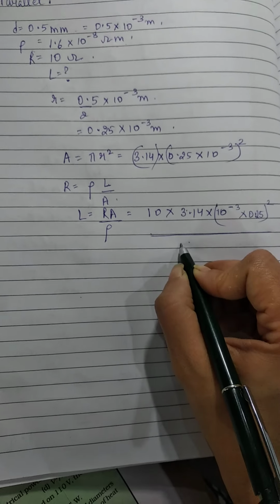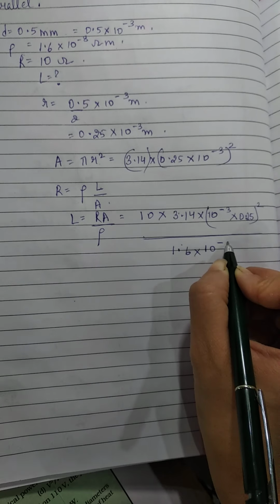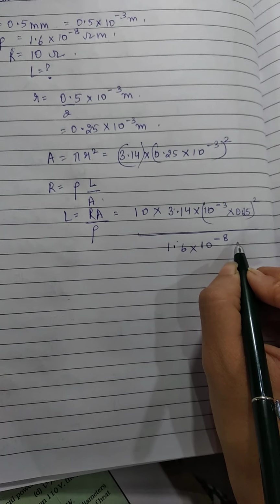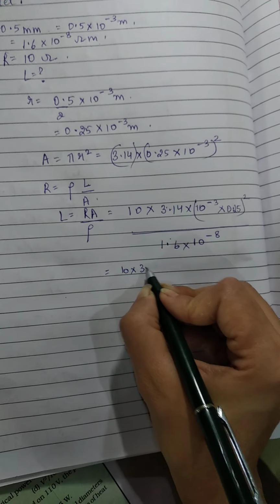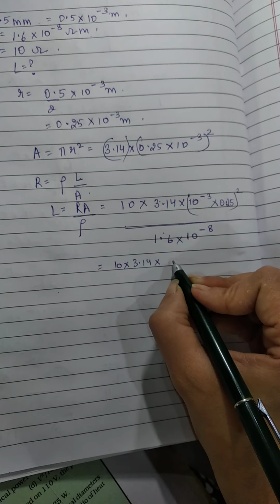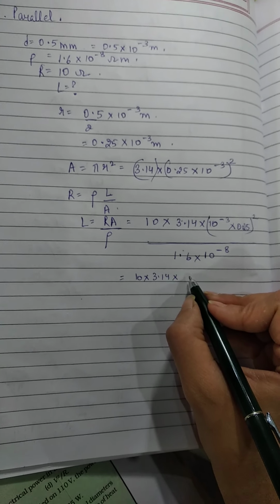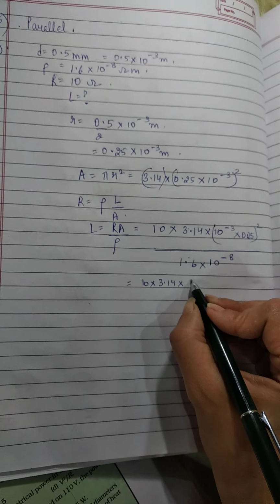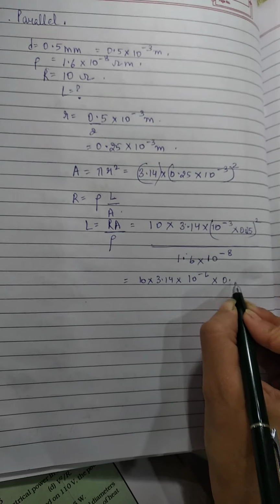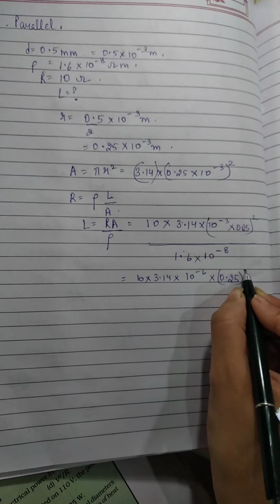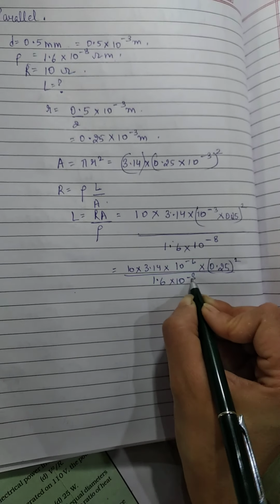Upon rho, which is in ohm meters. So this is 10 into 3.14 into 10 raised to power minus 6 into 0.25 whole square upon 1.6 into 10 raised to power minus 8.